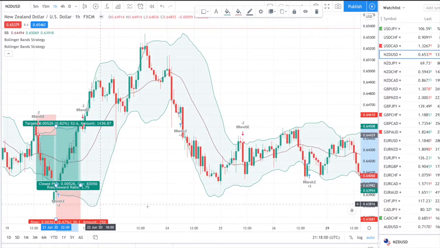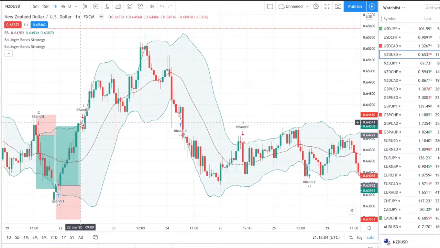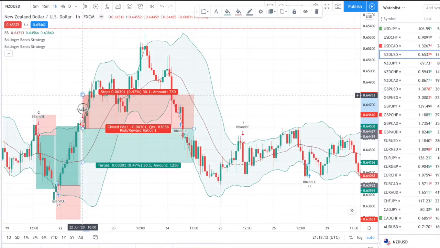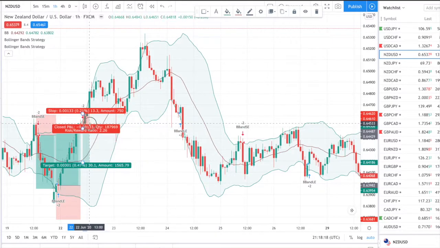So 50 pips plus 50 pips, and here would be a loss, a really small loss. I don't know how many pips, but you would close the trade immediately. So 15 pips loss, and here nothing would happen.